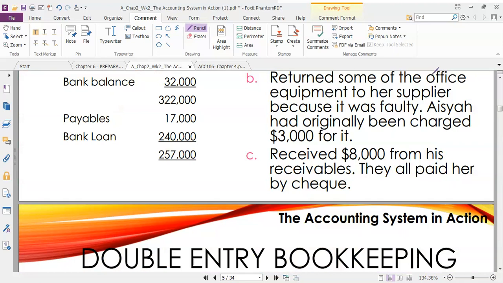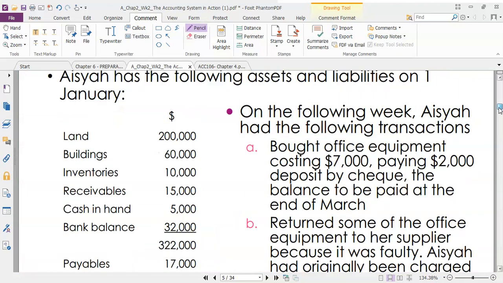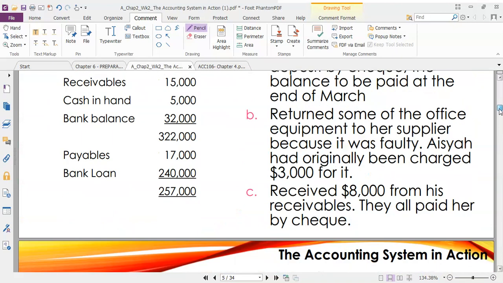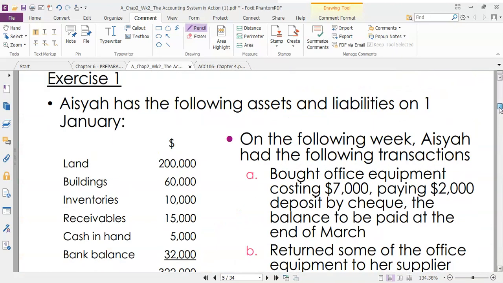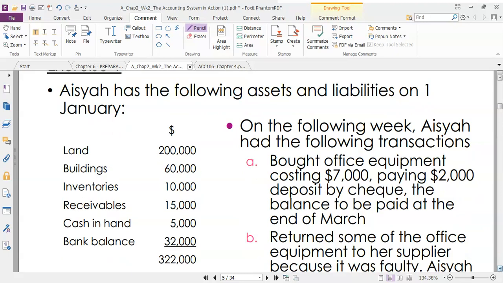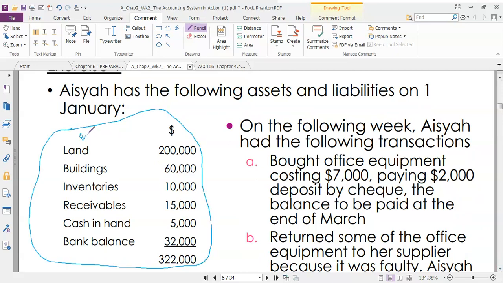Okay, if we look at another slide, the first slide, exercise one. It's a bit long. Why? Because to put it in the T account, you also have to include the balance.